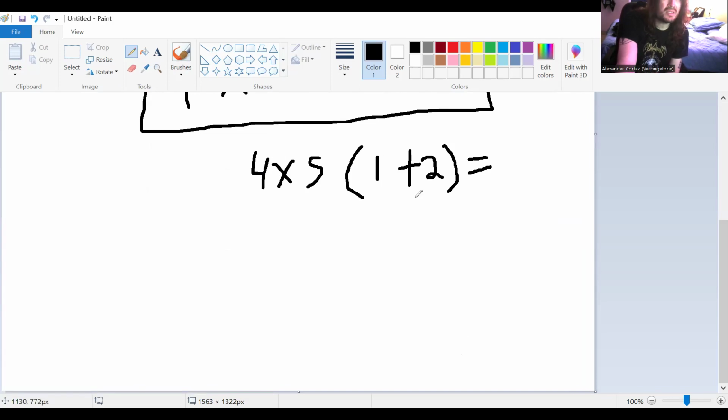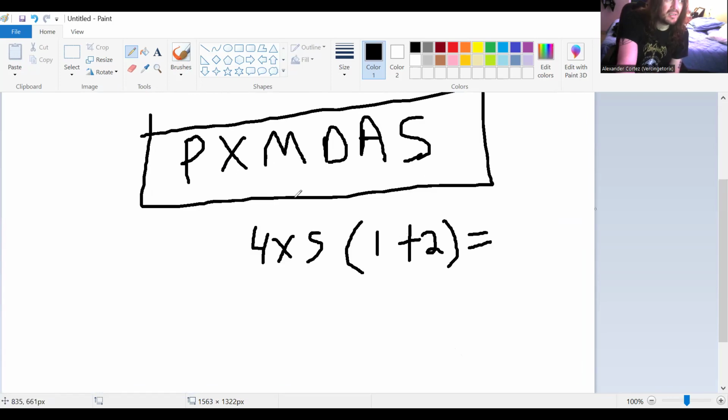First you solve this to get clear of the parentheses, and then solve what's next. Once we solve 1 plus 2, which is 3, when there's nothing between the number and the parentheses, just always assume there's a multiplication.